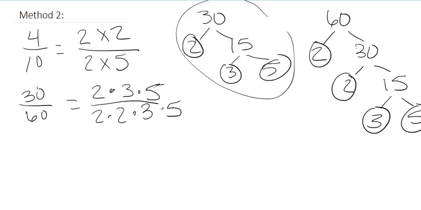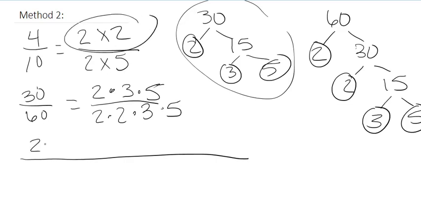So now we will combine both fractions, but we're going to multiply all these numbers on the numerator together and all the numbers on the denominator together. So let us do this. So now we have, from the 4, we're going to grab the 2 times 2.